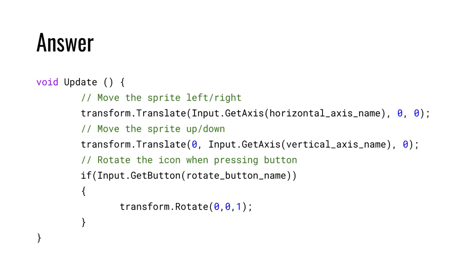The next line is basically the same thing, except for the vertical axis instead of the horizontal axis. We're putting 0 in wherever we don't want to translate. And then our final thing is an if statement block in which if input.getButton, the rotate button name, which is basically if you press jump, then it's going to rotate in the Z direction. You can rotate it however you want. You don't have to do that, but that's basically how it's going to go.